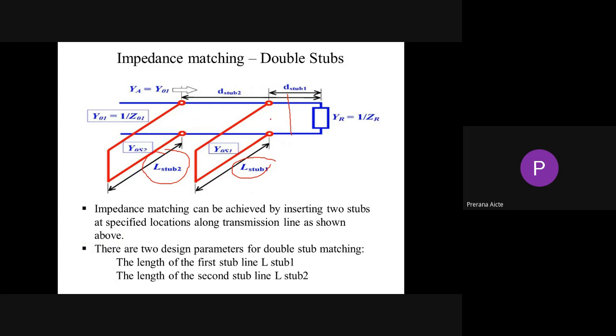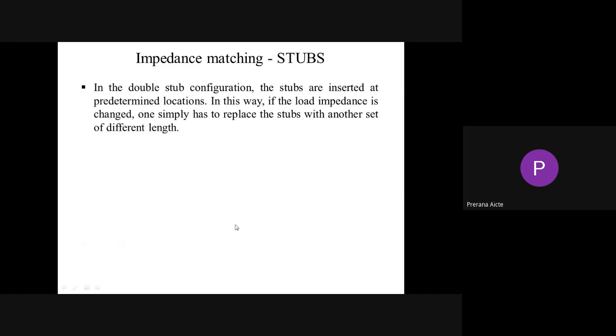If the impedance is not matching, then we move the stubs to another point, that is this point. If the impedances are still not equal, then again we can move them. So if the load impedance is changed, one simply has to replace the stubs. There is no need to change the load impedance.